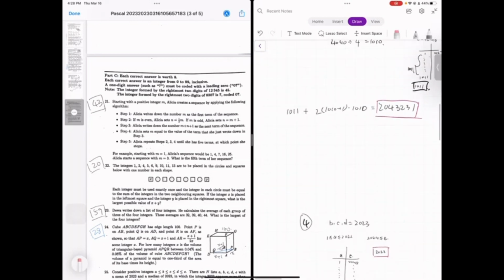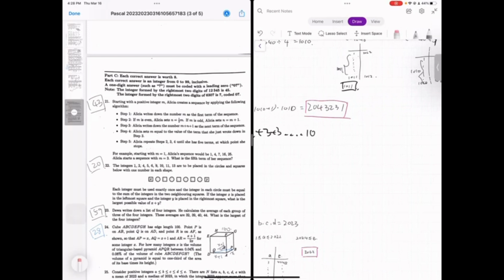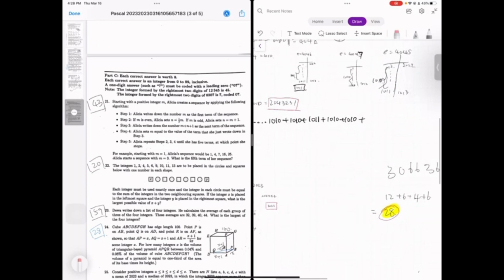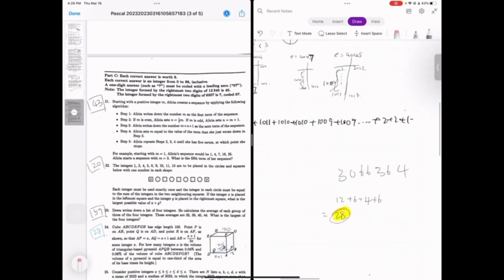So we can conclude that this entire sequence equals 1 plus 1 plus 2 plus 2 plus 3 plus 3 till 1010 plus 1010 plus 1011, and then it just goes down directly: 1010 plus 1010, then 1009 plus 1009, till plus 2 plus 2 plus 1 plus 1.